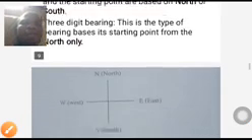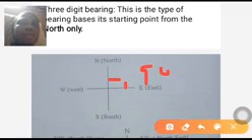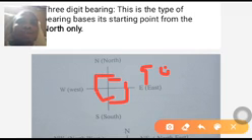Now, look at this. So what you have here, from north to east is 90 degrees. From east to south, 90 degrees. From south to west, 90 degrees. From west to north, 90 degrees. So making 360 in total.